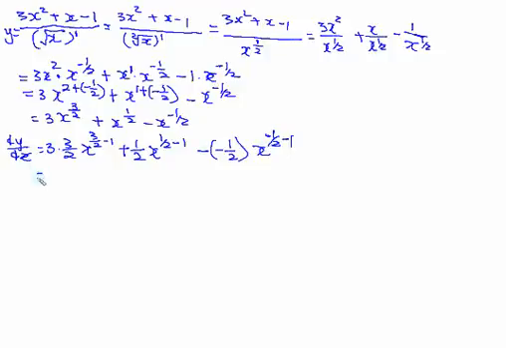Okay, now, so 3 times 3 is 9 over 2. This x to the 3 over 2 minus 1, which gives you half, okay, plus half. This times minus half. So minus times minus becomes plus half. X to the minus 3 over 2.